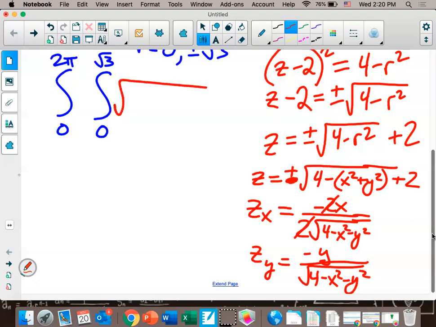So integral of 1 plus x squared over 4 minus x squared minus y squared plus y squared over 4 minus x squared minus y squared, times, if I convert, r dr d theta.